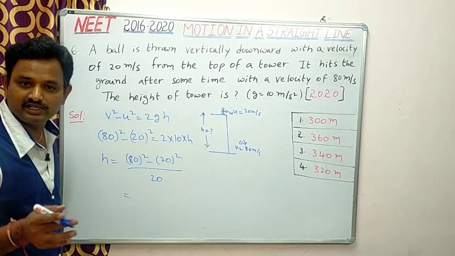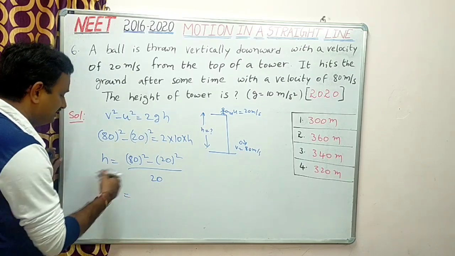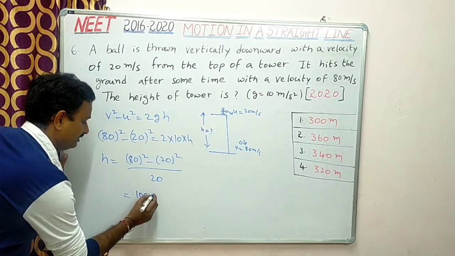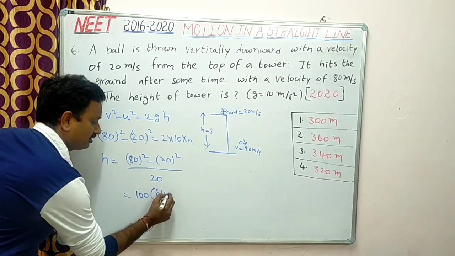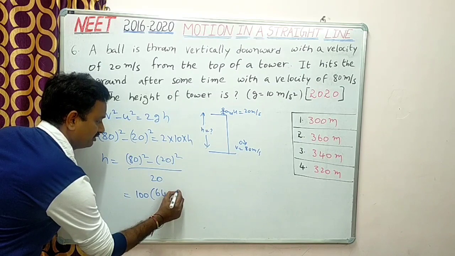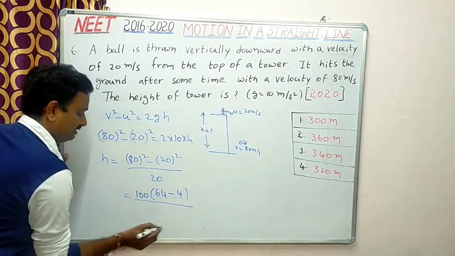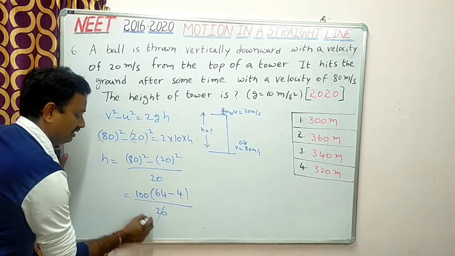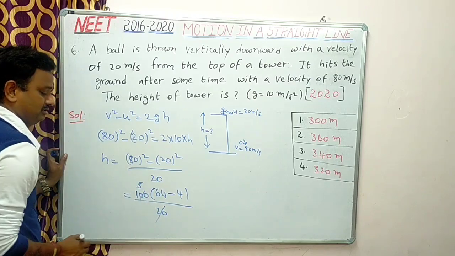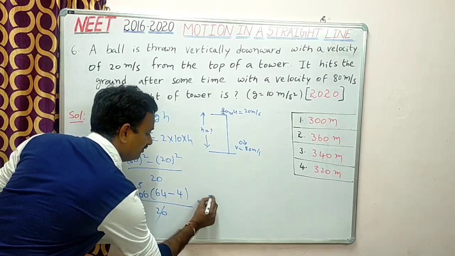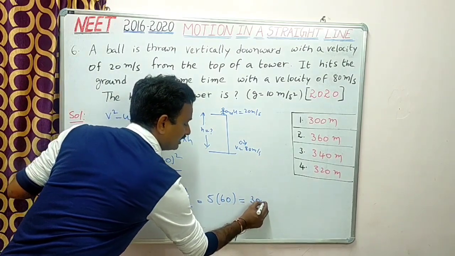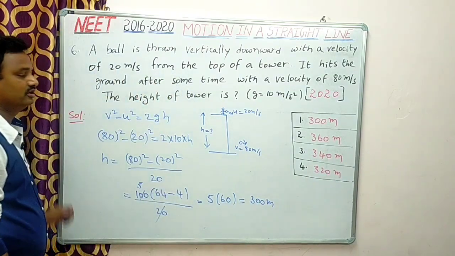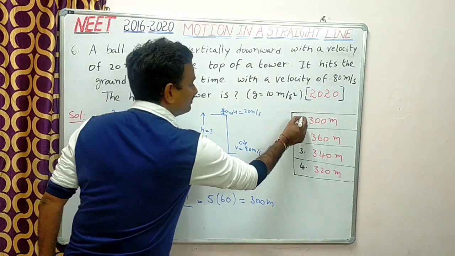Here I will write 100 outside. See, 100. 8 square means 64 minus 2 square means 4, by 20. 20 table 100, 5 times. So you will get 5 into 60, that equals 300 meter. So option 1 is the answer.